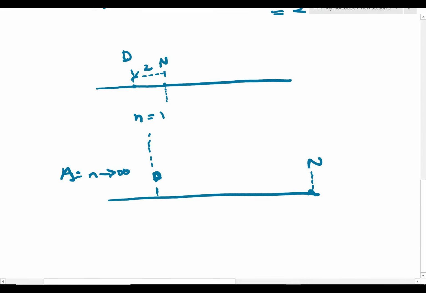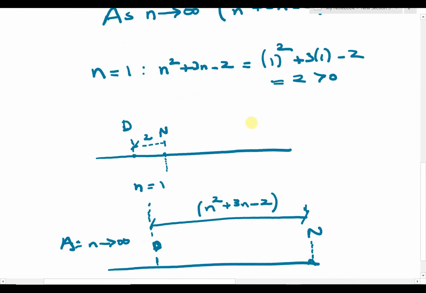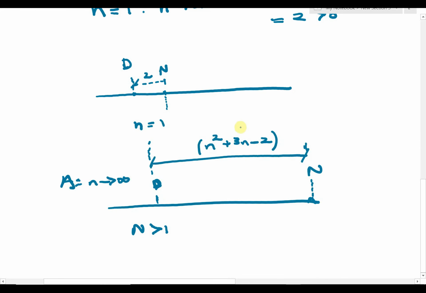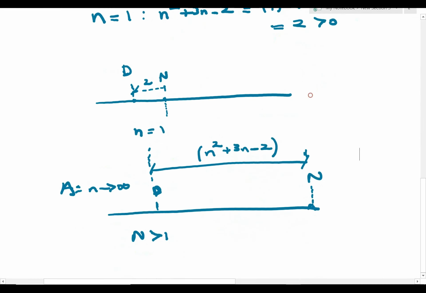Let's just say this case is like n's greater than 1 somewhere. So basically the distance is becoming, this is the distance, because it's equal to the denominator plus this whole distance to get to the numerator. This is getting larger and larger and larger. As n tends to infinity, this distance tends to infinity.